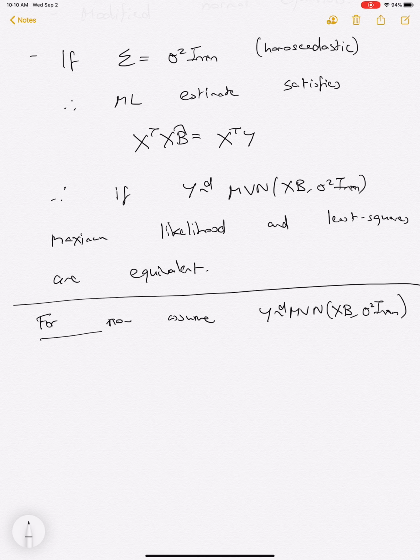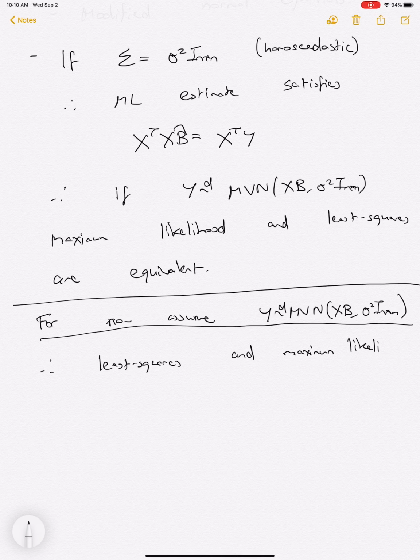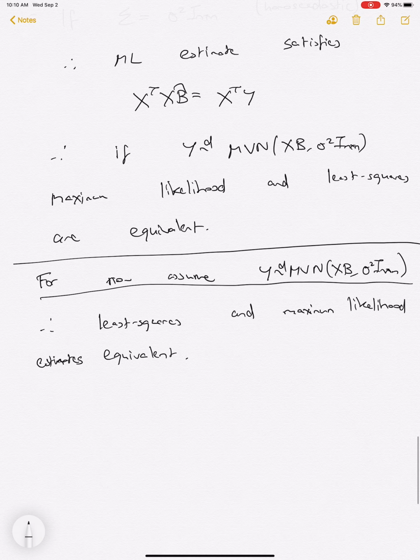And so in this setting, therefore, the least squares and maximum likelihood estimates are equivalent. Sorry for the writing there. So now let's focus on the analysis.